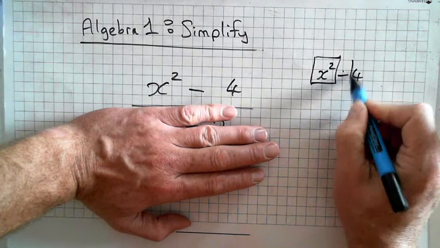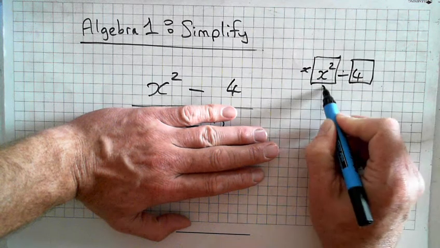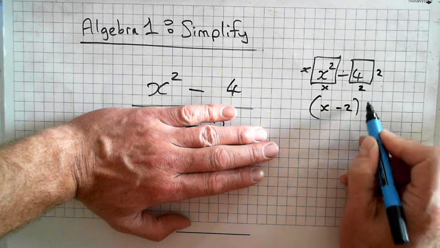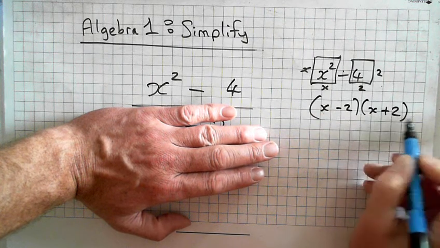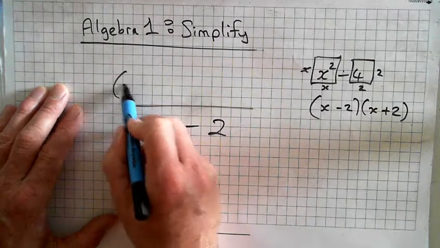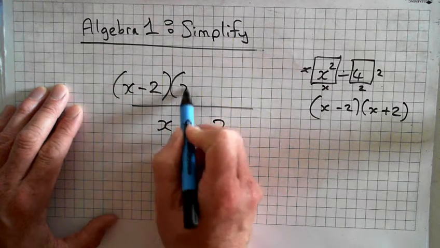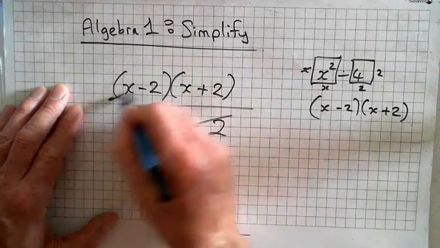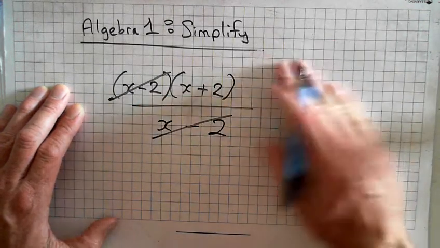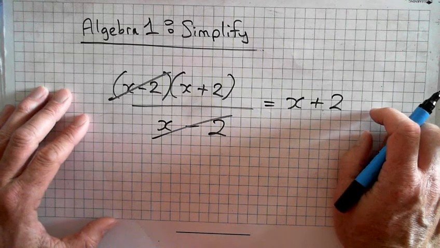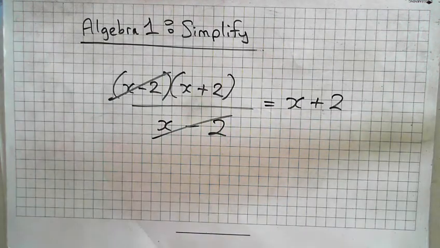Remember the squares? That's x by x and 2 by 2. So the answer is x minus 2 times x plus 2. So I'm going to replace this with x minus 2 times x plus 2. Now what can I cancel? That. What am I left behind with? X plus 2. Okay, I'm just going to stop at that point.